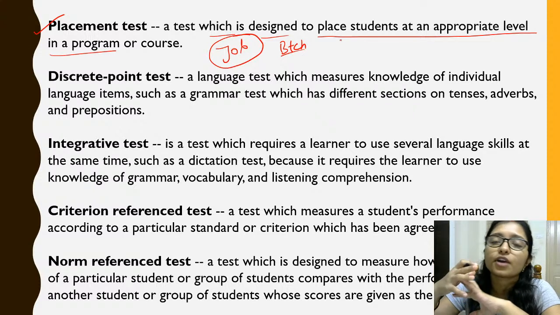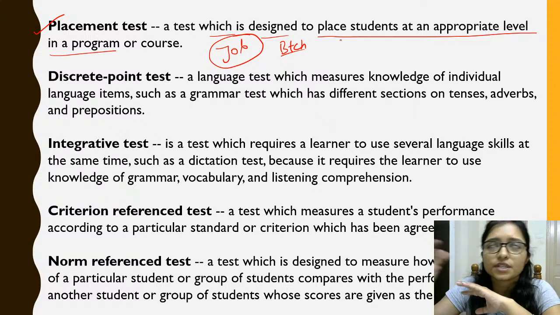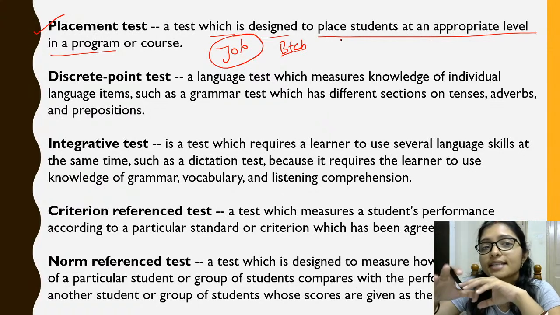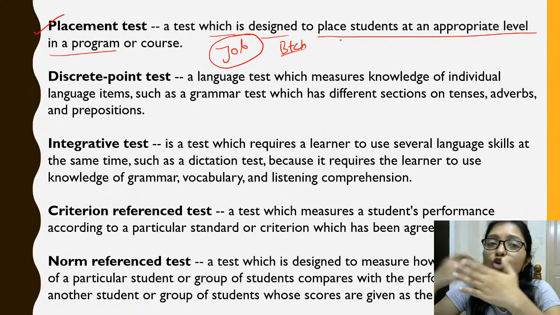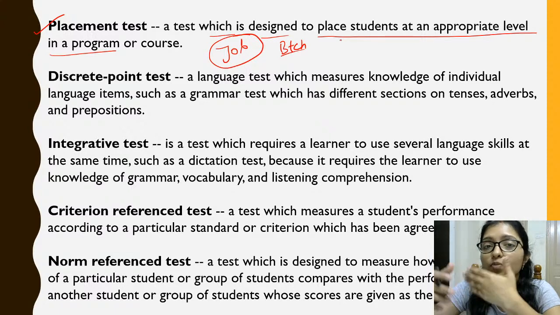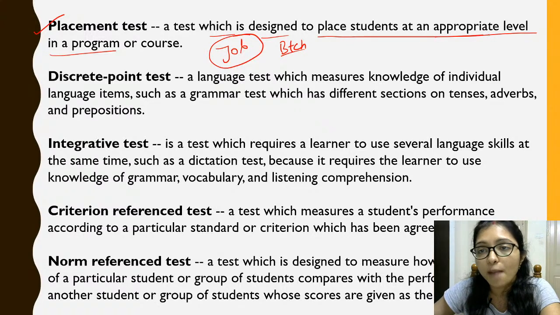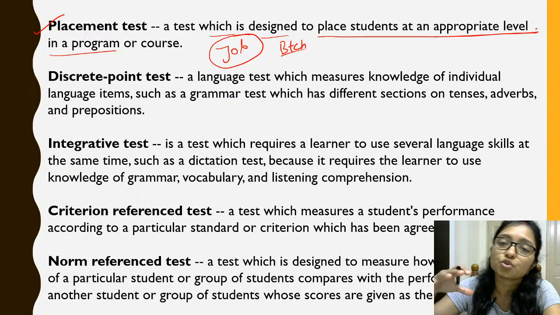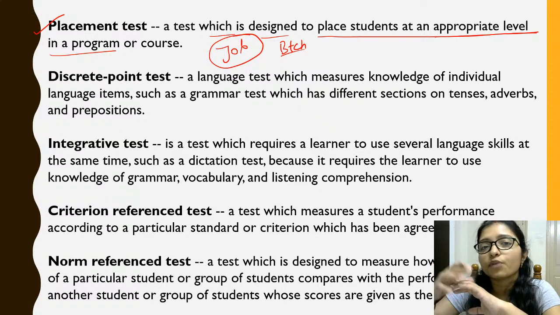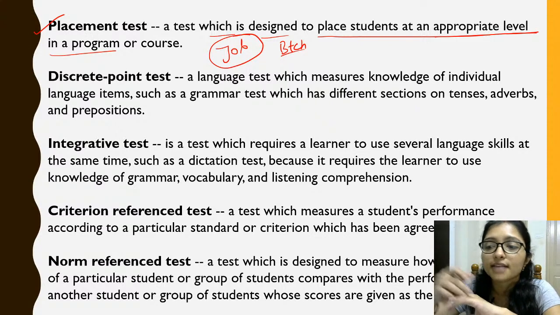When we are going for any job oriented course like hospital management, hotel management, anything, to place any student means to give him the job opportunity. That is the placement test, right? So place a student at an appropriate level, means according to their level they will offer the job, right? That is the placement test.